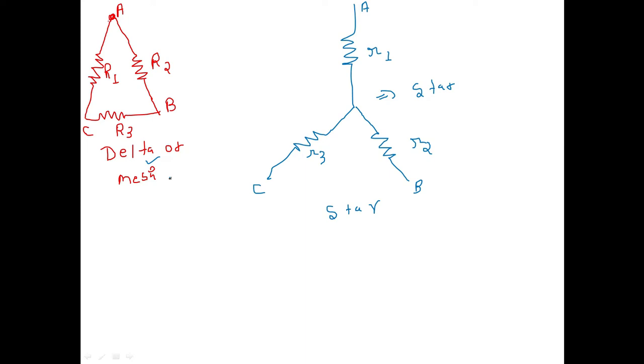Now the main question is how to convert this delta circuit into star circuit, or how to convert this star circuit into delta circuit. So the main concept is how to convert this one to this one, that is delta to star, and star to delta.